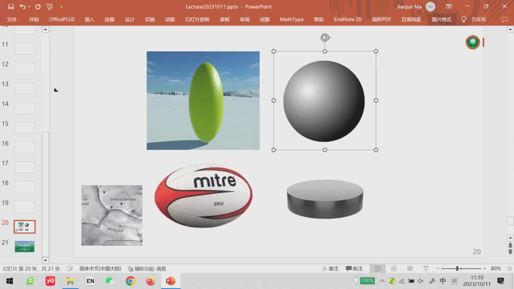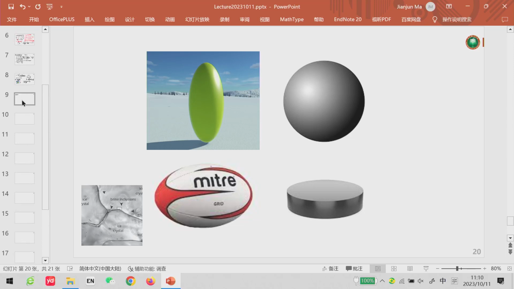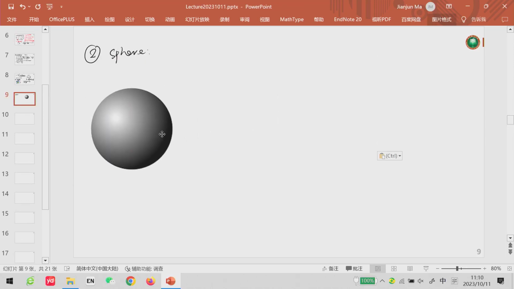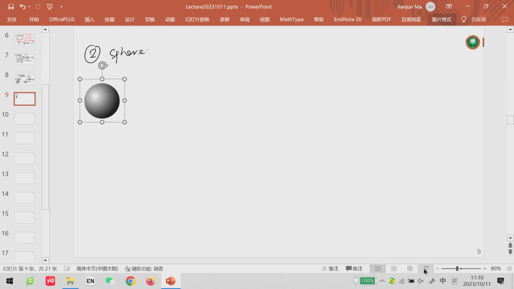Perfect sphere. For such a shape, as we mentioned previously, the sum of all these three depolarization factors should equal 1, all right?